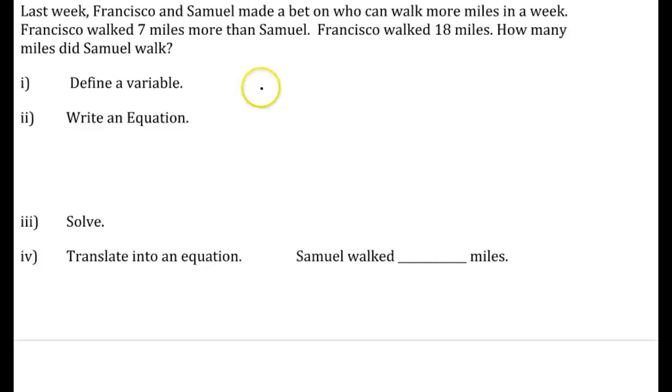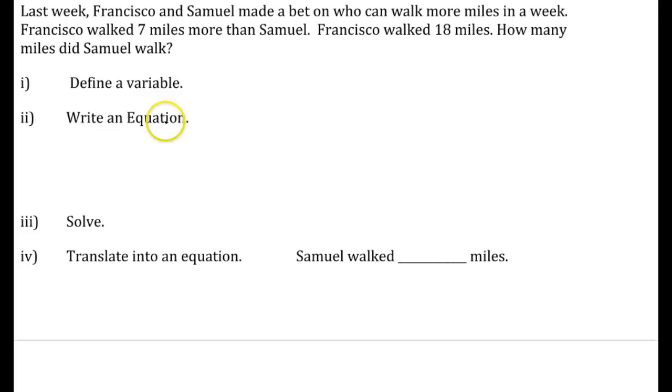Okay. Now, multiple ways of starting this. Anybody want to get us going? What are we trying to find? What is the question asking?